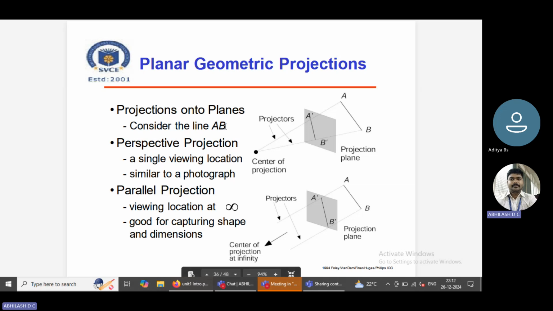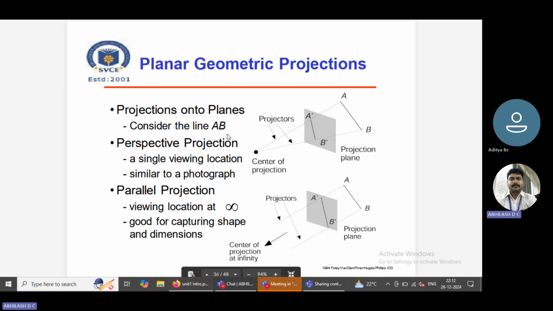Consider the line AB. This is the plane, and this is the center of projection. I want this line to be projected onto this plane. Perspective projection has a single viewing location, and parallel projection is straight.